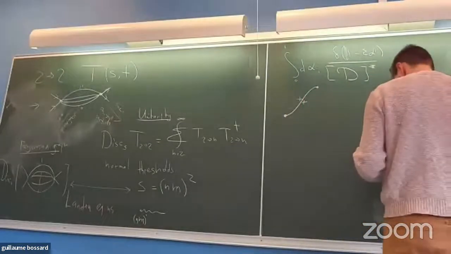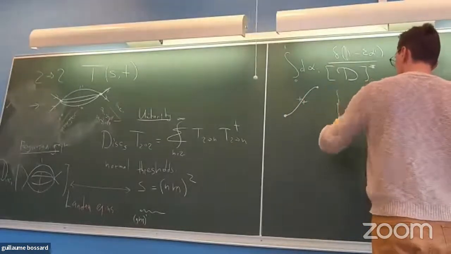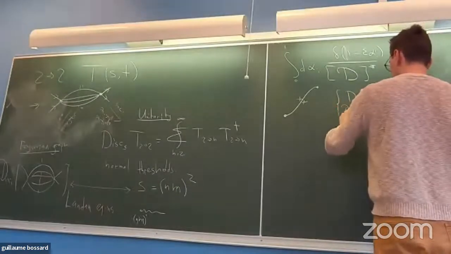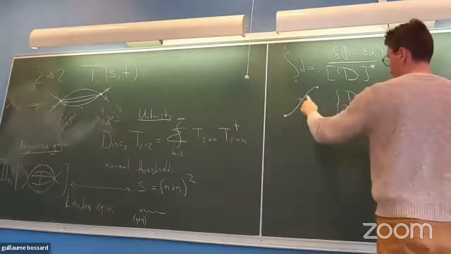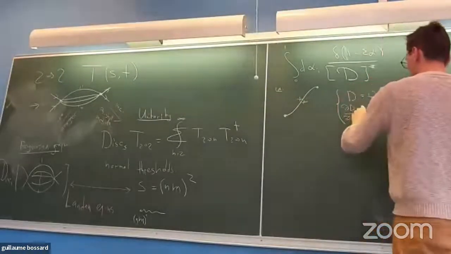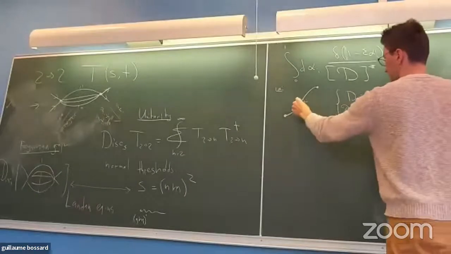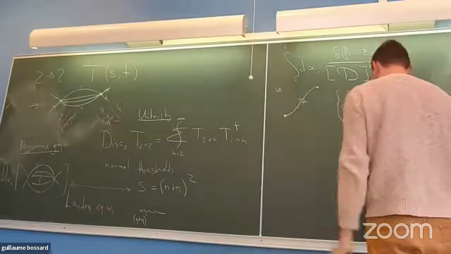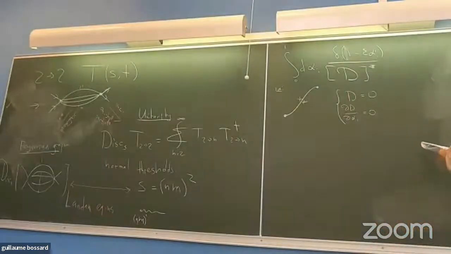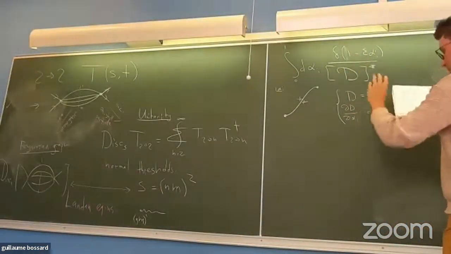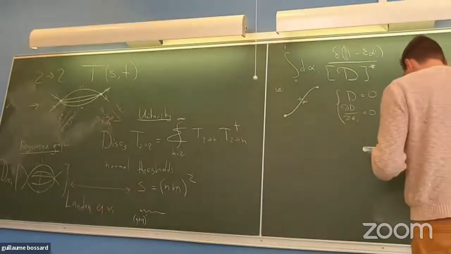And Landau equations are: for every variable alpha i, you require that you have a double zero of D. If you have a double zero, then you can show that it potentially develops a pinch. Now, this is a formal way to write Landau equations, and you can apply it to every graph.